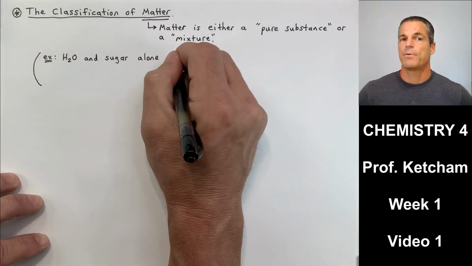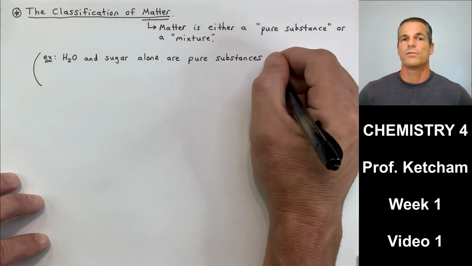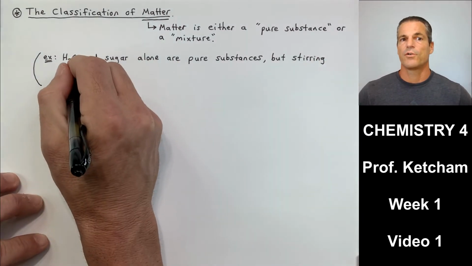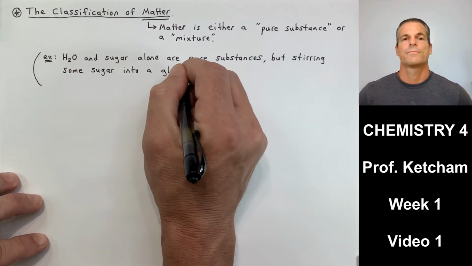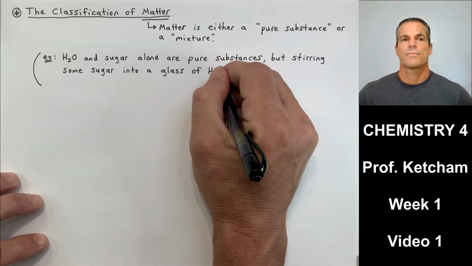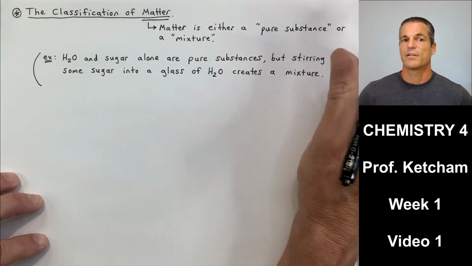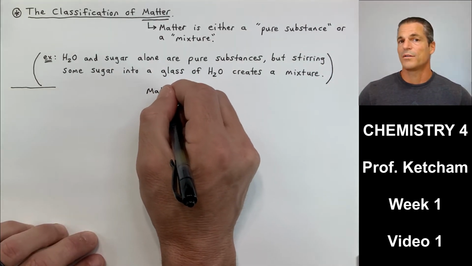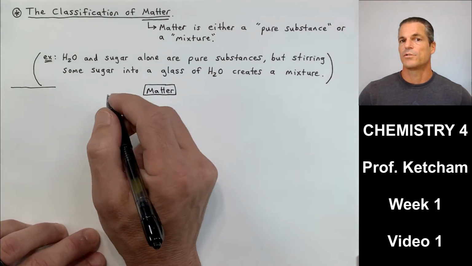As an example first, water, H2O, and sugar alone are pure substances. But if I combine the two or stir them together, I get what's known as a mixture. H2O and sugar alone are pure substances, they're compounds. But stirring some sugar into a glass of water, now I'm making a mixture, specifically a solution.